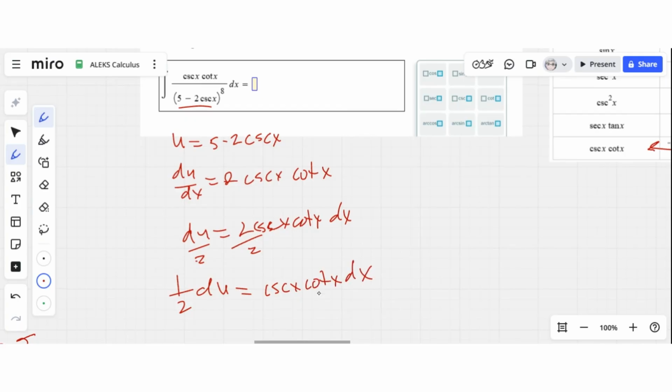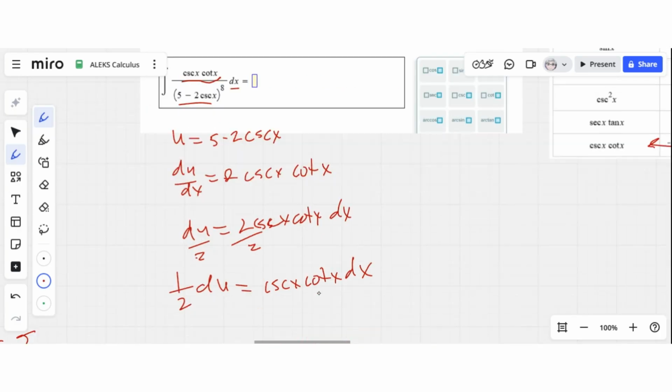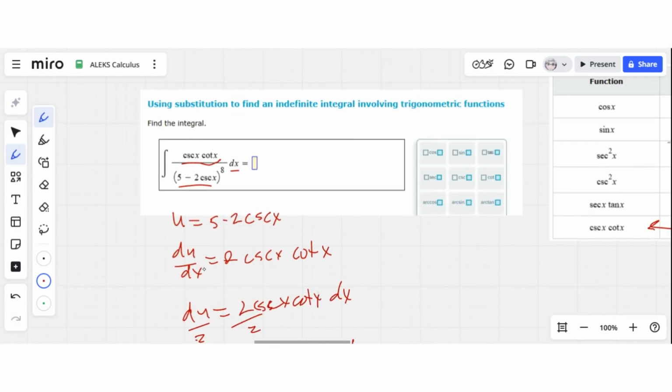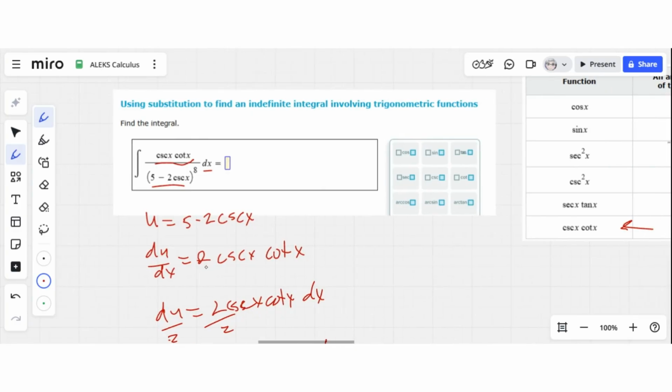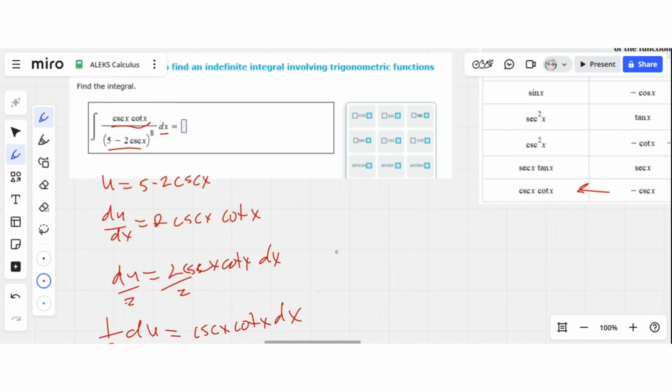So what I was trying to do there is just get it down to this bit and this bit. And then we're going to substitute that in for those bits. I think the last thing I'm going to do to get ready for this is rewrite this as a product rather than a quotient. So we're going to call this the integral of the cosecant x times the cotangent x times 5 minus 2 cosecant x to the negative 8th power dx.